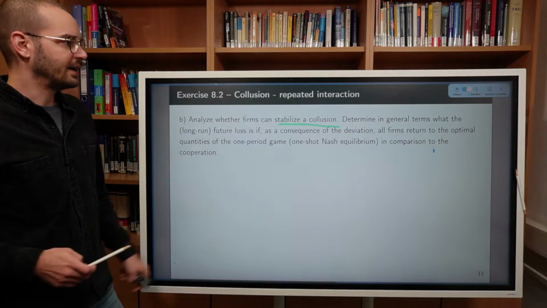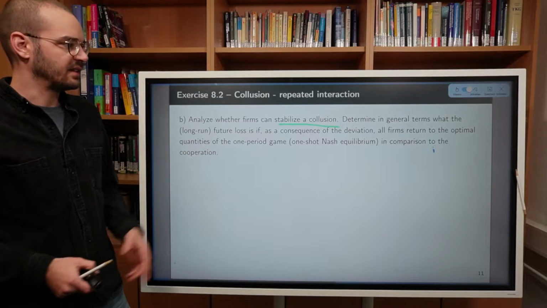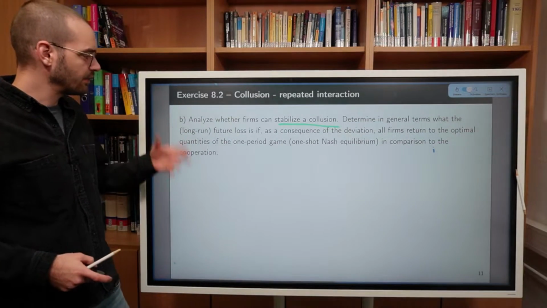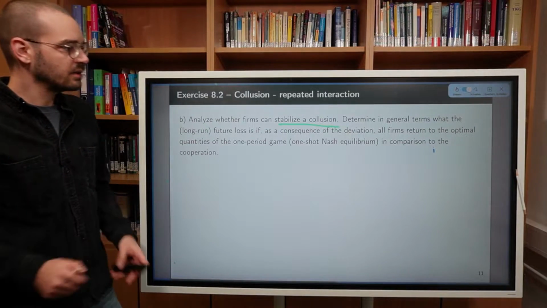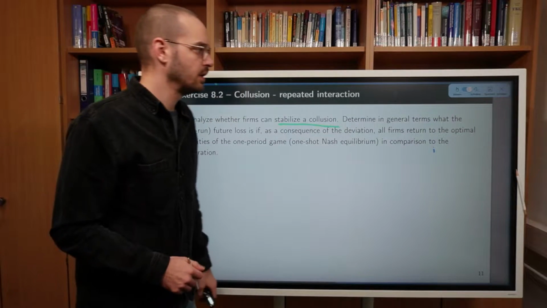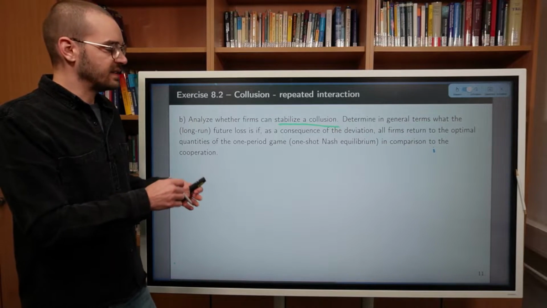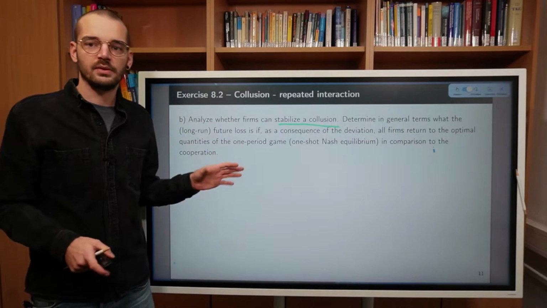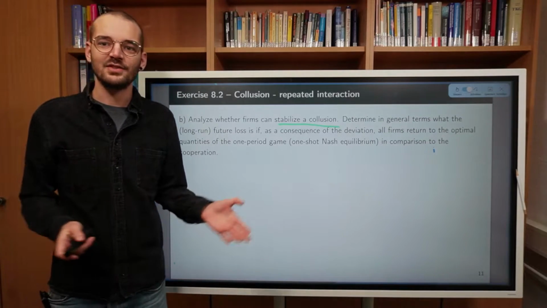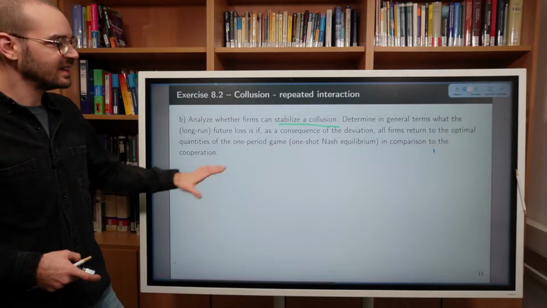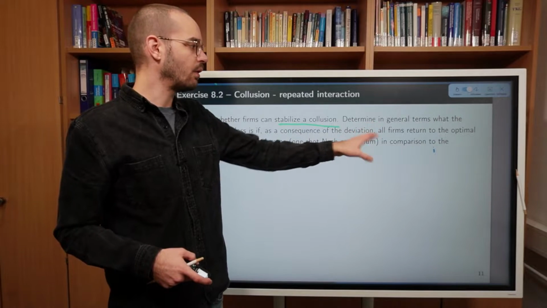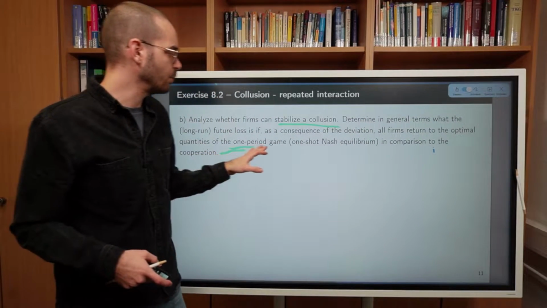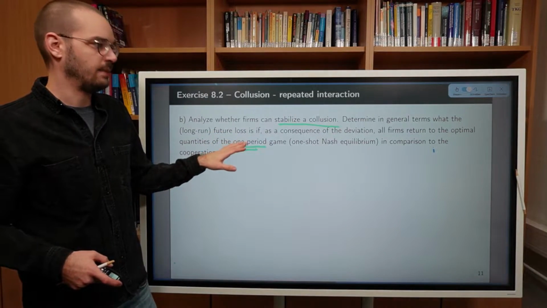We're asked to find, in general terms, what the long-run future loss is as a consequence of the deviation. In the case of deviation, we are going forward from here until the end of the semester, basically. We are assuming that all firms return to the optimal quantities of the one-shot, one-period game.